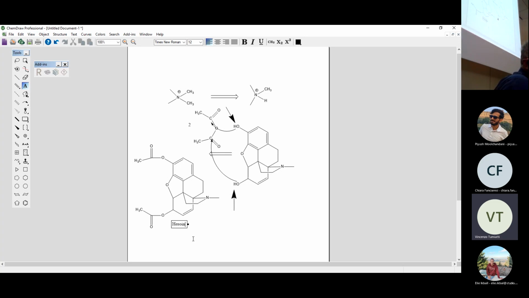But why is heroin more potent? You see, the two OH groups are masked, protected by two esters. So heroin has a higher lipophilicity. So there is a higher quantity of heroin able to cross the blood-brain barrier.